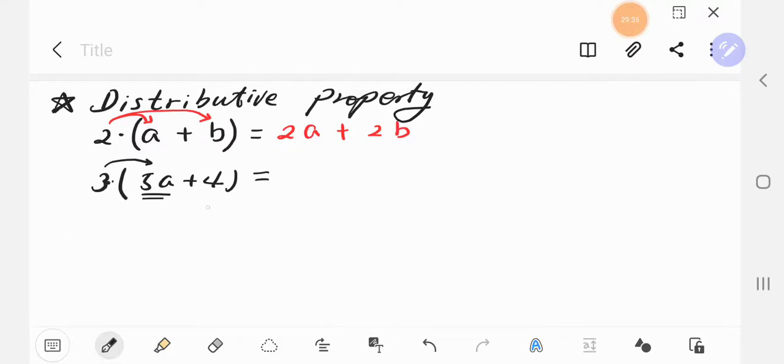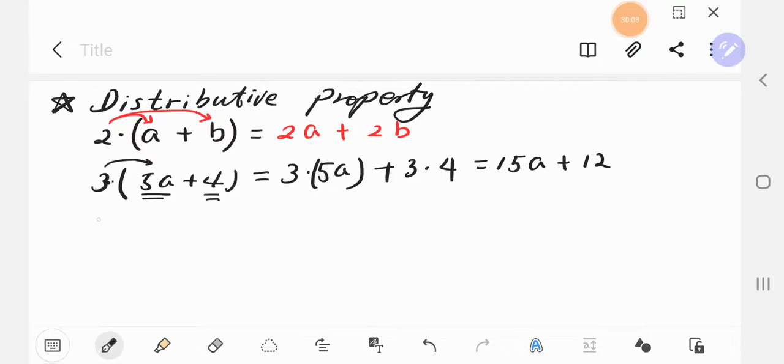Each of 5a and 4. So multiply 3 by 5a, plus. This plus stays here, and then 3 is multiplied by 4. Then using the associative property, you can multiply 3 and 5 first, right? So 3 times 5 is 15a plus 3 times 4 is 12.